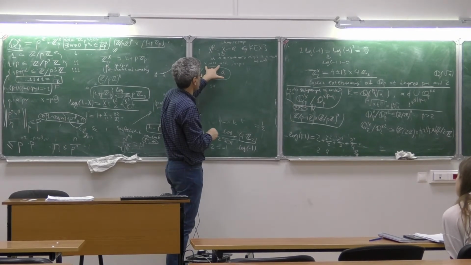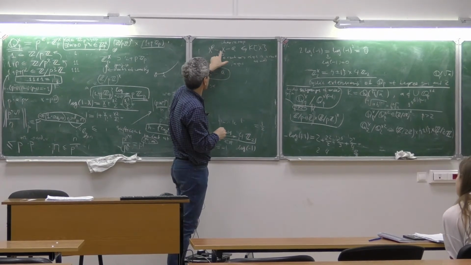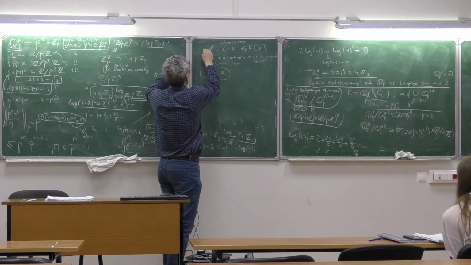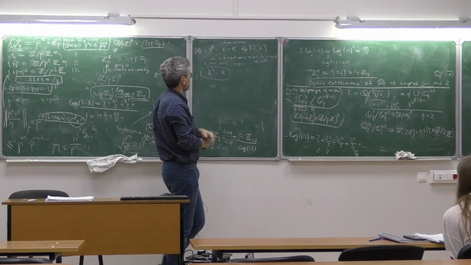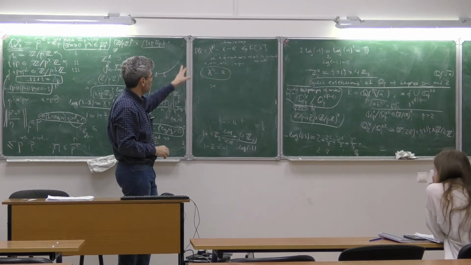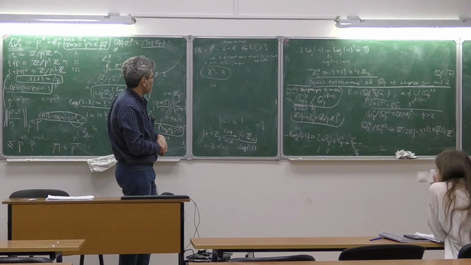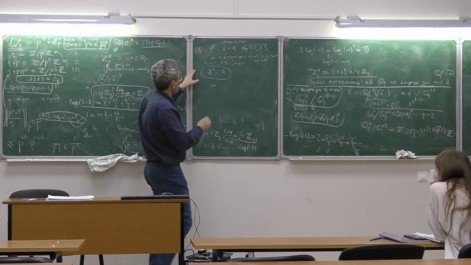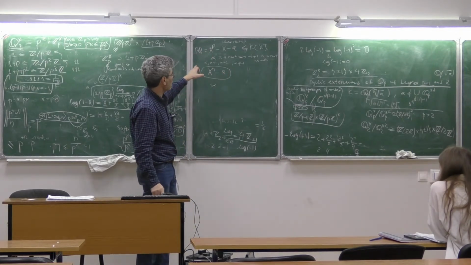We assume that this polynomial is irreducible. So it is a product of two polynomials, p and q, and then we know if we know one root, then we know all of them, yeah.